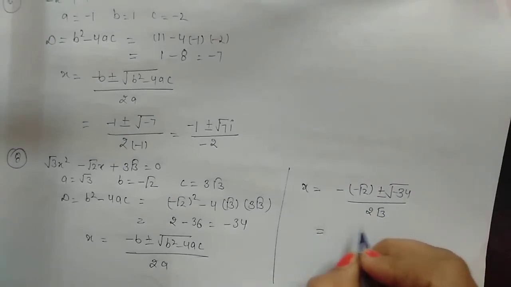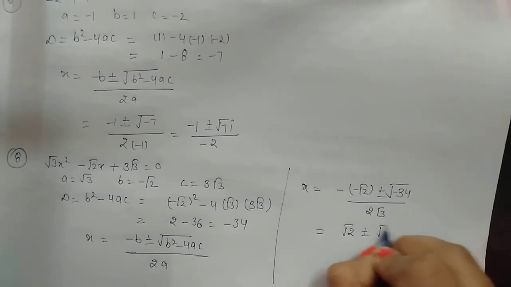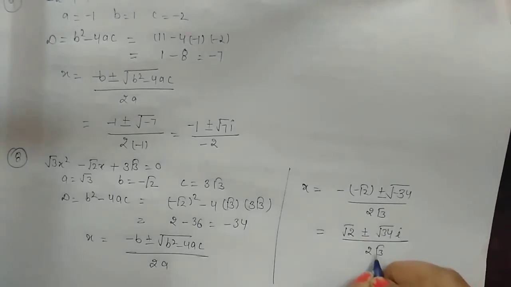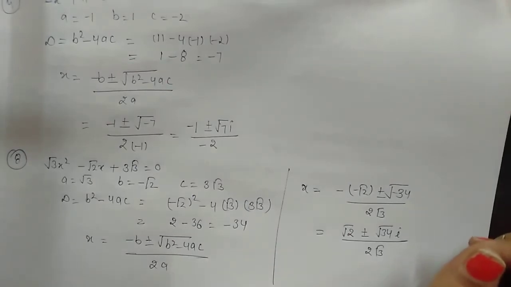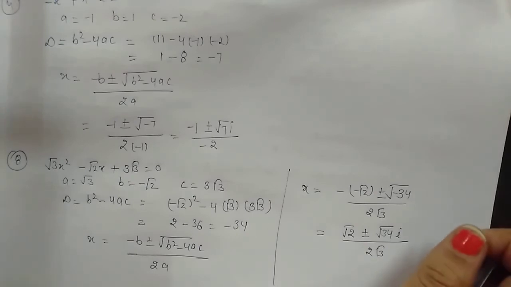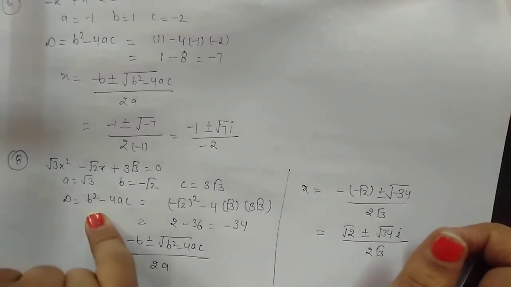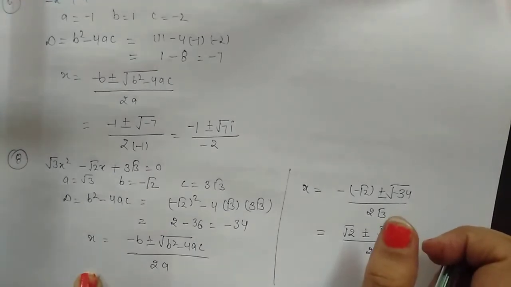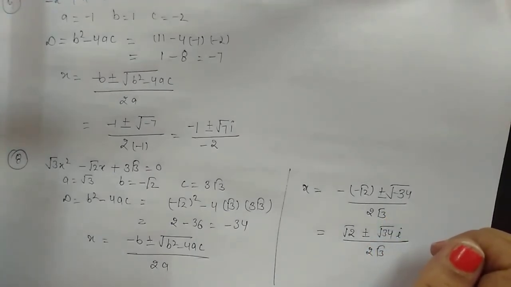So our solution will be root 2 plus minus root 34 iota upon 2 root 3. That's it. We can find the values of the others by using this formula. First we have to check whether the value is less than 0 or not by using b square minus 4ac, putting the values of a, b, c, and then we use the formula x equals to minus b plus minus under root b square minus 4ac upon 2a.